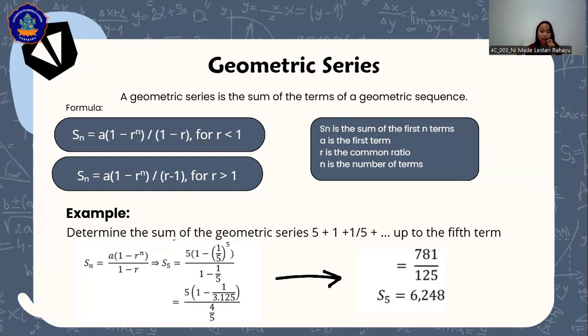And S sub n equals a times r to the power of n minus 1 divided by r minus 1 for r greater than 1. Where S n is the sum of the first n terms, a is the first term, r is the common ratio, and n is the number of terms. So, for example, you can see on the screen.